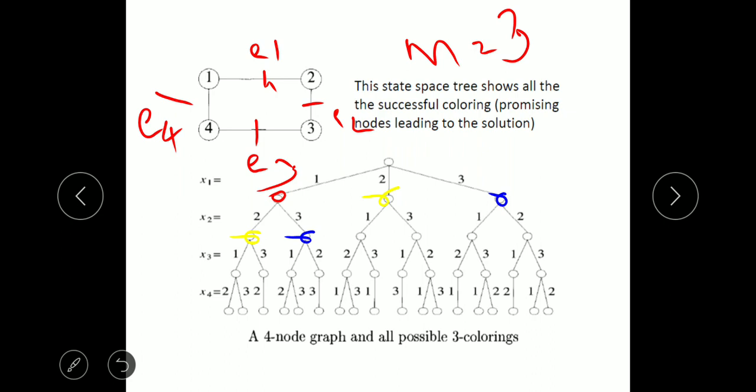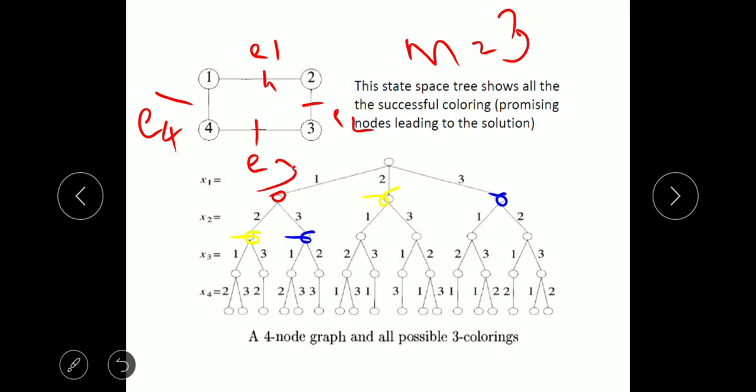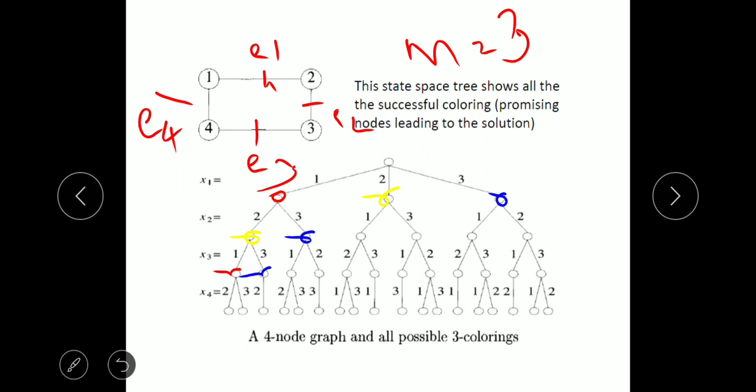And then once I color the second vertex yellow, for the next step I can color vertex 3 with red, or vertex 3 can be colored with blue.